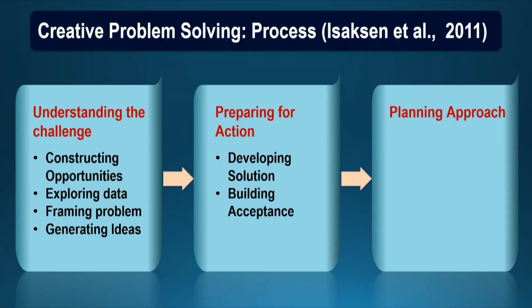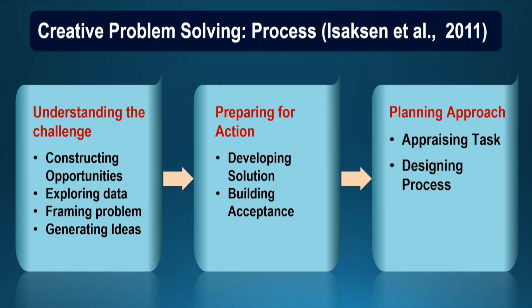Planning approach, as was done in the previous model, preparing an action plan, here it comes as appraising the task and designing the process. Appraising the task means breaking down the idea into activities which need to be undertaken and finding out who will be involved in implementation and what resources would be required.